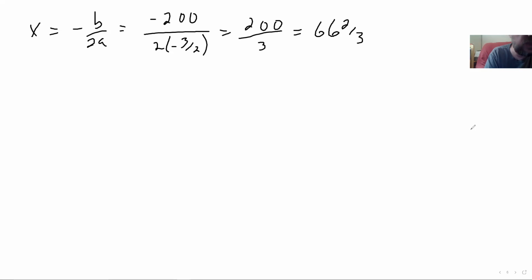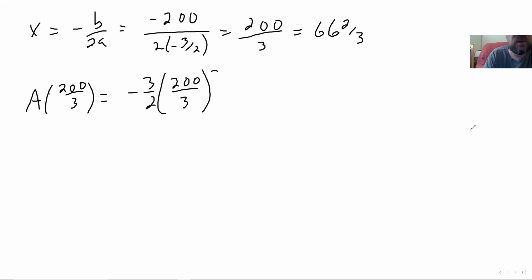And then the area at that x value of 200 over 3 is minus 3 halves times the quantity 200 over 3 squared plus 200 times 200 over 3.